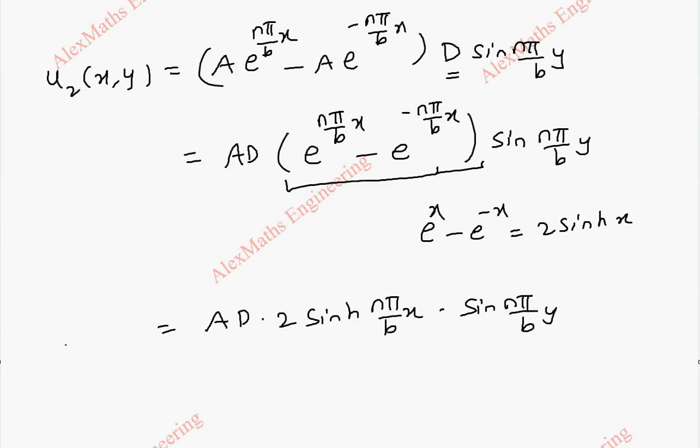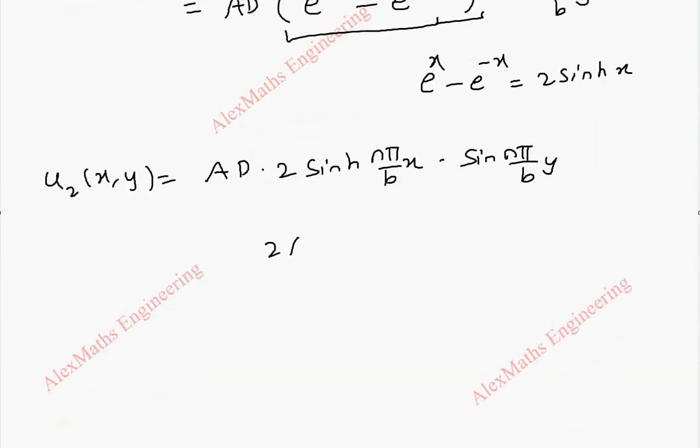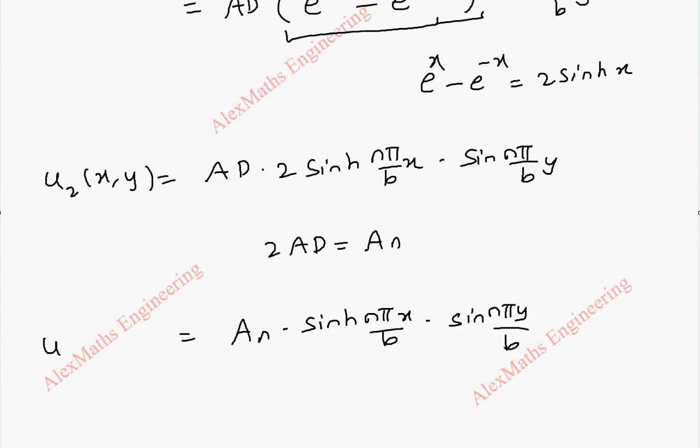This is what u2 of x comma y is, and all these constants 2AD are combined as An. So An into sinh n pi x by b into sin n pi y by b. This is u2 of x comma y.